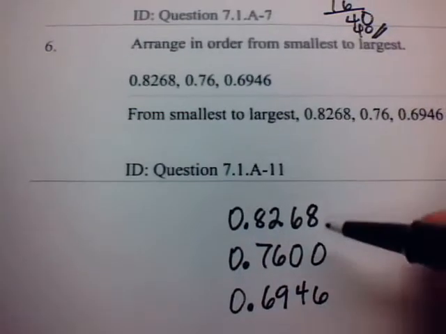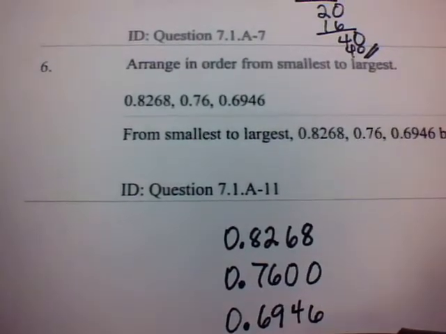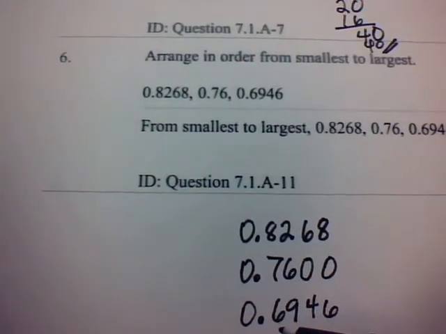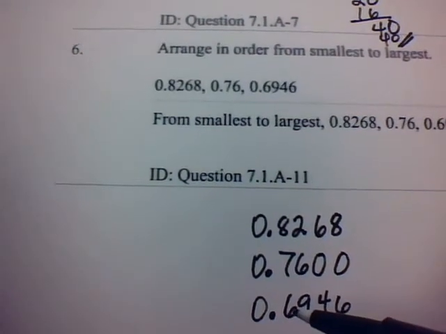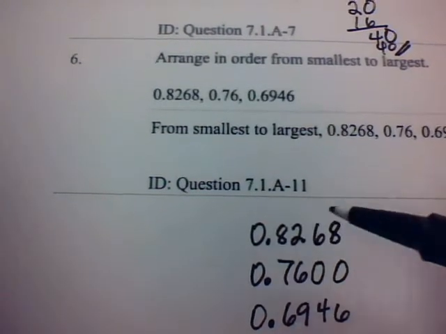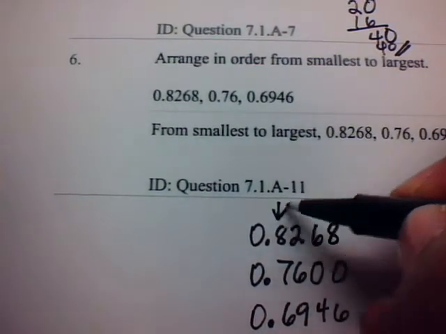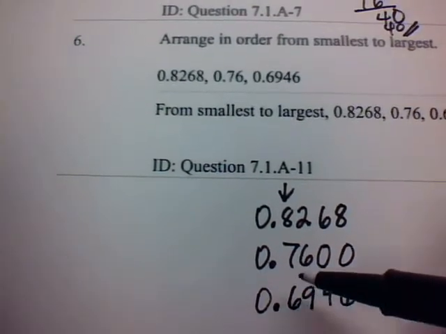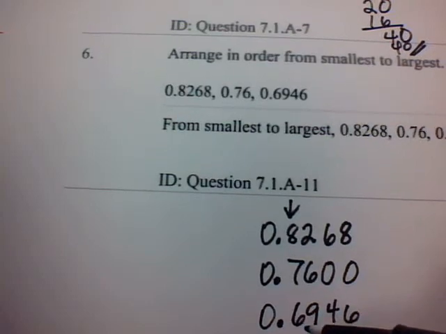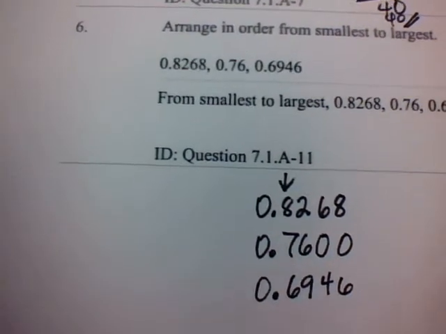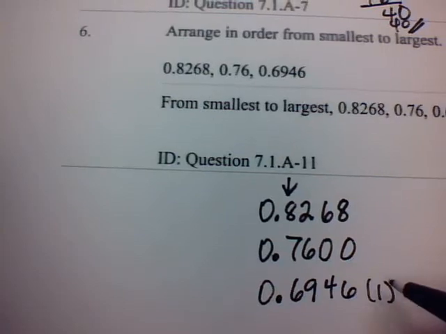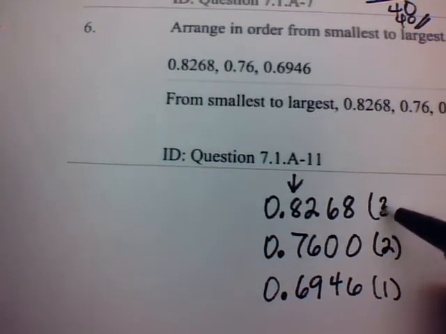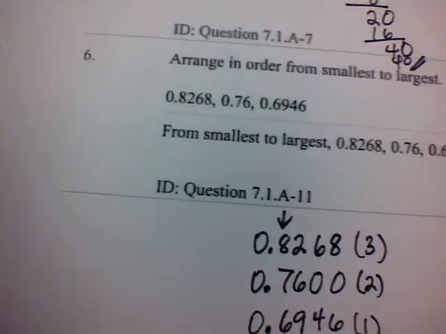That way I'll have the same number of decimal places for all my numbers. Now I'm going to compare each place value position one at a time to see which one is bigger. Now we're doing from smallest to largest. Now notice the tenths place. They're different right off the top. So as you can see here, the smallest will have to be the 6, which means 0.6946 will be first. And then next will be 0.76, that's second. And third will be 0.8268.